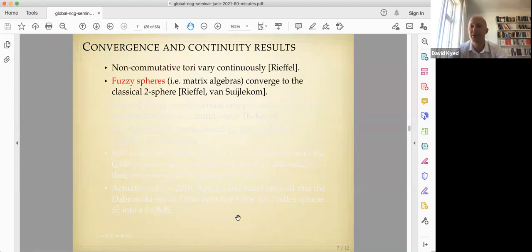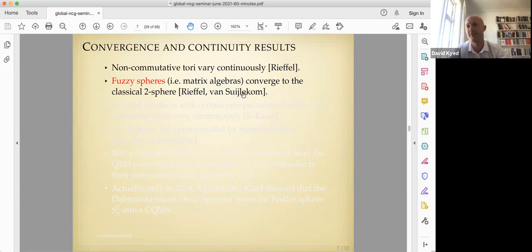Another classical result, which goes back to Rieffel as well, and later was refurbished a little bit in a more differential geometric setting by Walter, is that the fuzzy spheres, which are just physics lingo for matrix algebras, converge to the classical two-sphere as their linear dimension grows to infinity.